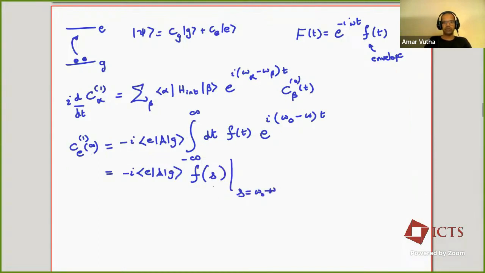So if you know what the Fourier transform of your envelope function is, you can actually directly read off or sketch, if you like, the excited state amplitude.